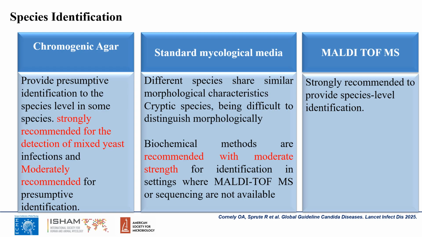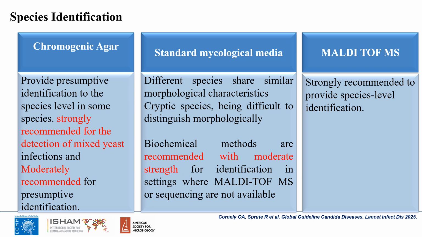Now we come to the other medium, the chromogenic agar medium, which is a differential medium that provides different colors to different, though selective, Candida species, and is routinely used in microbiology laboratories. This chromogenic agar provides presumptive identification to the species level for some species.